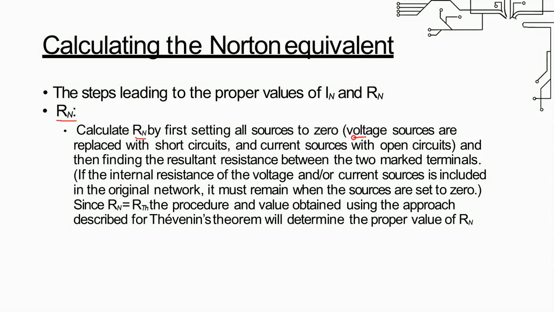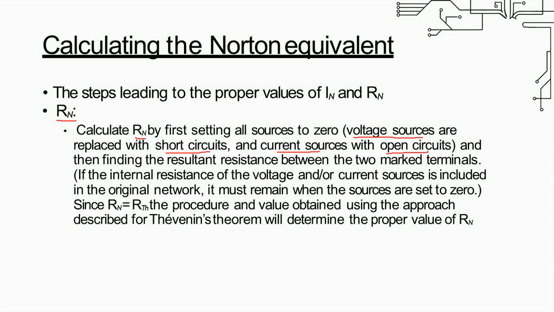If the source is a voltage source, replace it with short circuit, and if a current source is there, then replace it by open circuit. Similar to the superposition theorem. In superposition theorem or in Thevenin's theorem, what were we doing? In both the theorems, the voltage source we were replacing by short circuit and the current source we were replacing by open circuit. So the same procedure we have to do here.